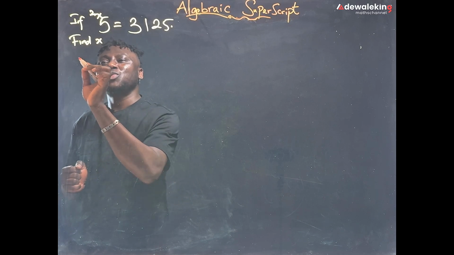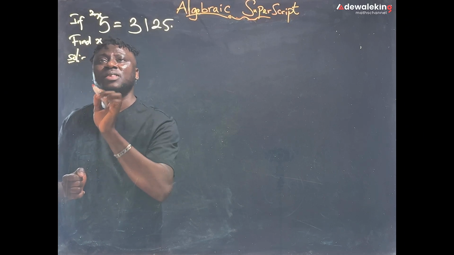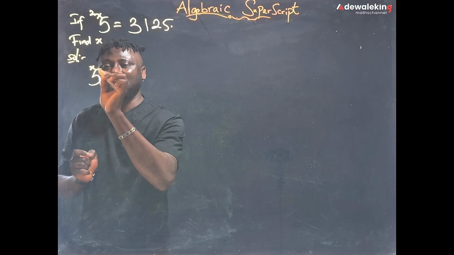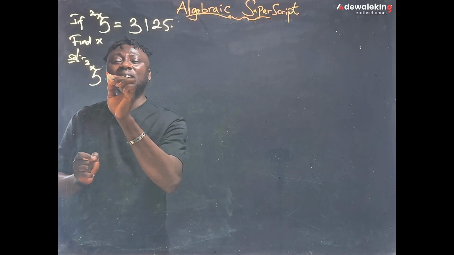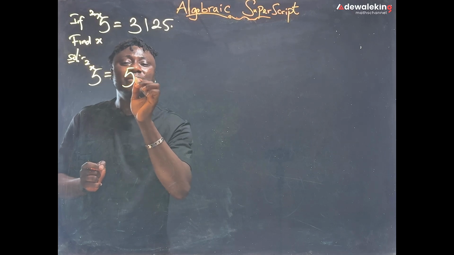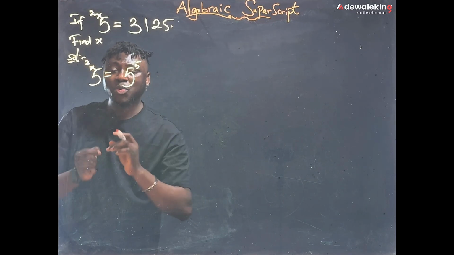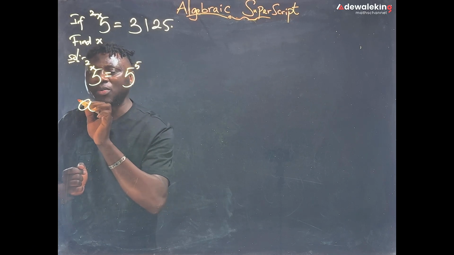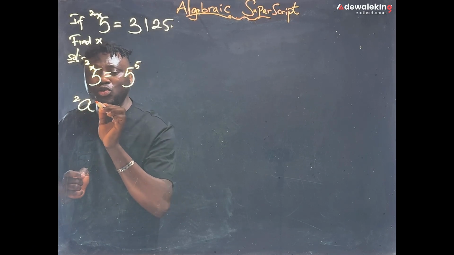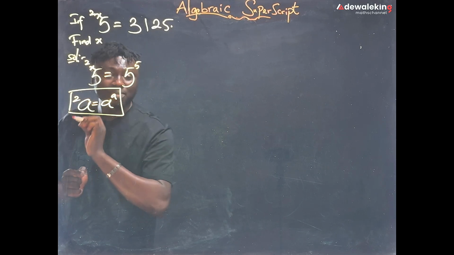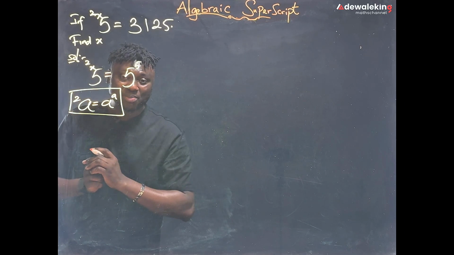Solution: 5 tetration x tetration 2 is equal to 5 raised to power 5. So from here, we're going to apply this law: a tetration 2 is equal to a raised to power a, for both of them.